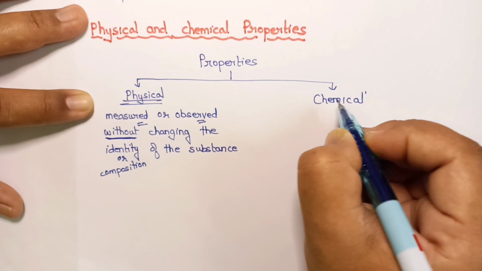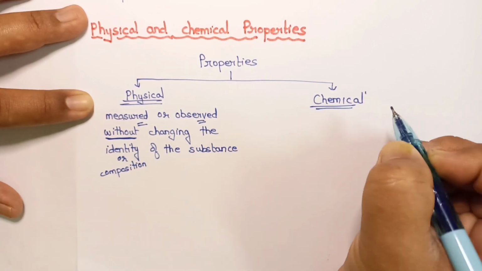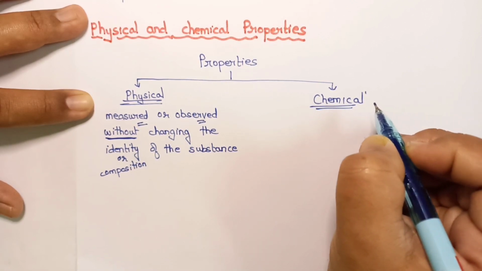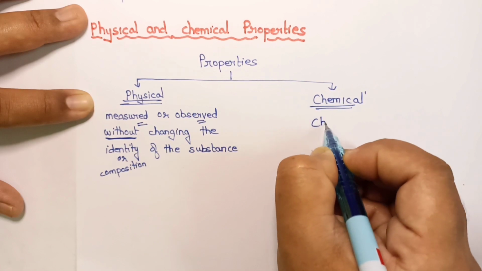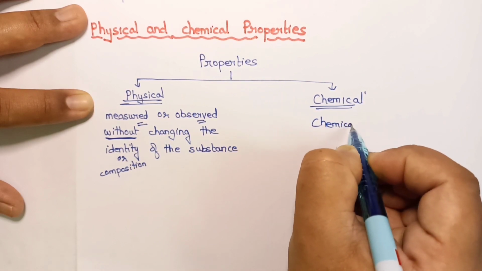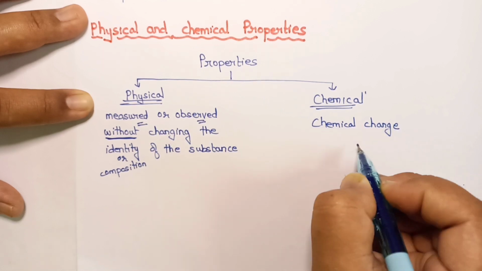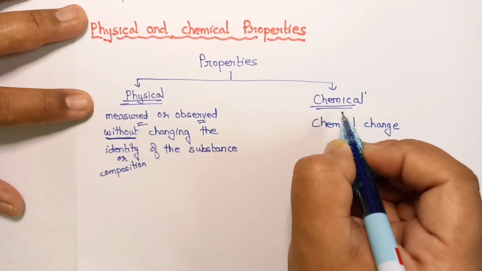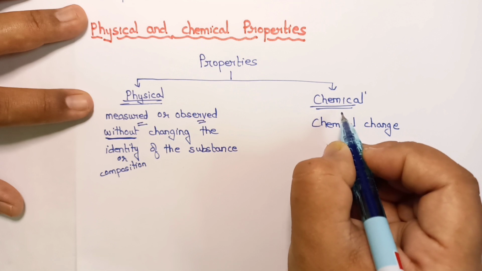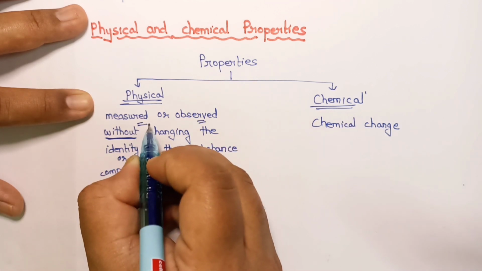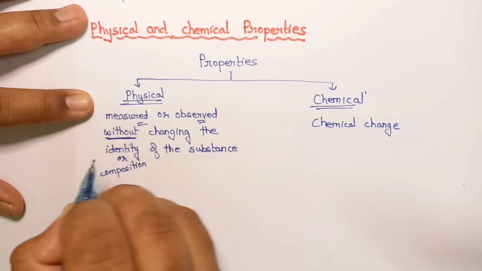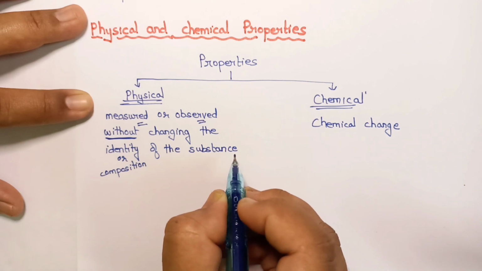But if you have to find out the chemical properties of any substance, you have to carry out a chemical change. A chemical change has to occur in the substance in order to find out its chemical properties. Whereas you can tell the physical properties without changing the substance.